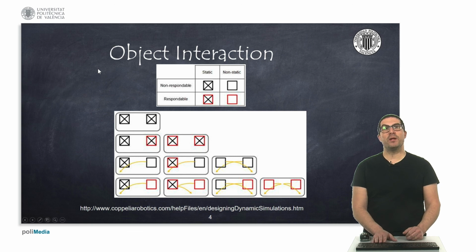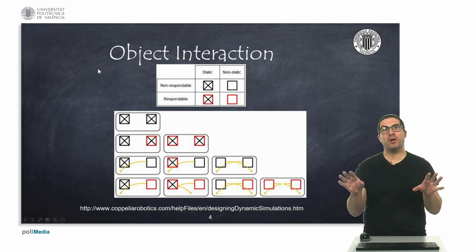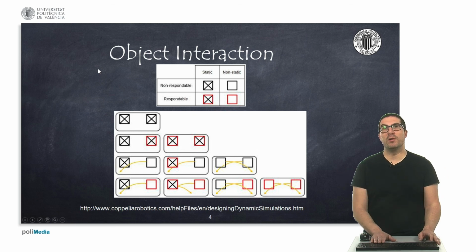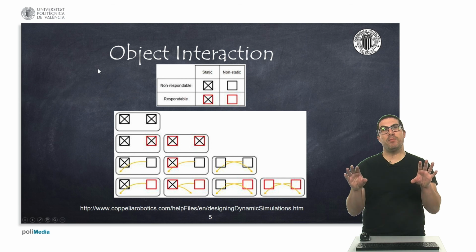For instance, when we have two static objects that are non-respondable, the objects won't move at all, and even if they get into collision, they do not react because they are non-respondable. Then we have the case in which both objects are static, but one of them is respondable. In this case, because the objects are static, they don't move, so they don't react.